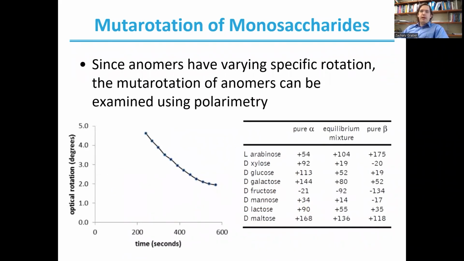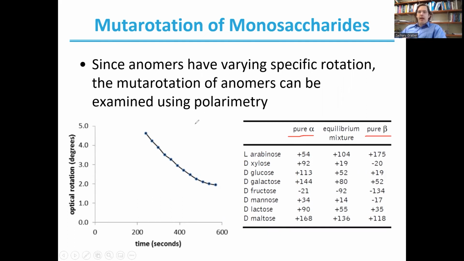So if we wanted to track this sort of mutarotation process, where we're converting between our alpha and our beta form of our sugar, we can actually track this using polarimetry. Our two different stereoisomers, the alpha and the beta, will have different specific rotations. You can see those noted in our table here.